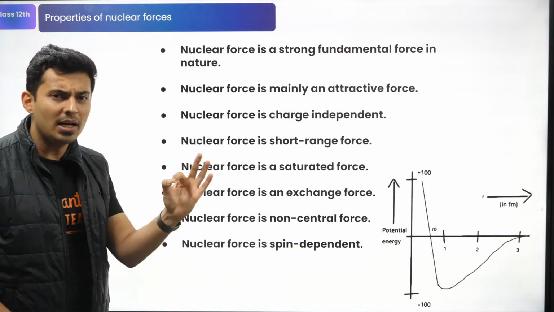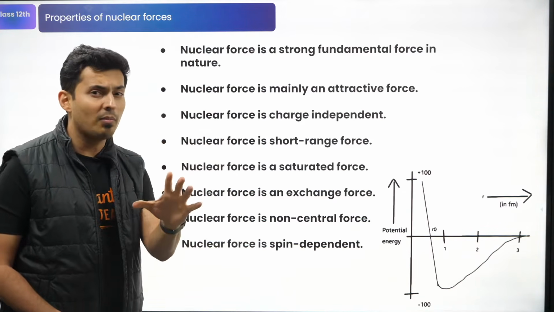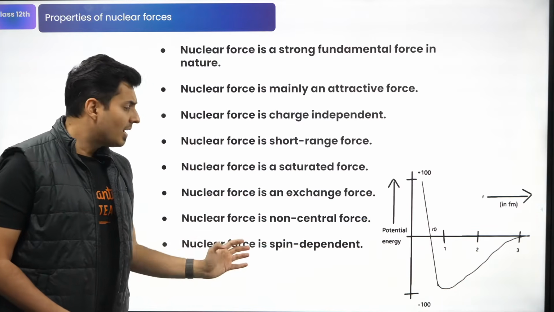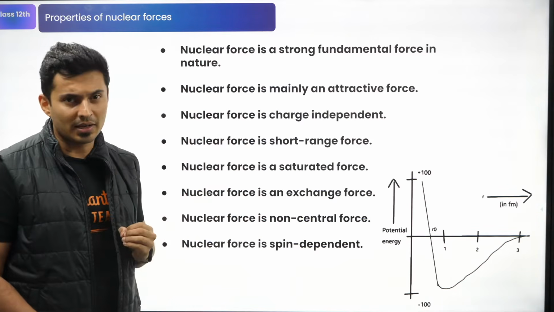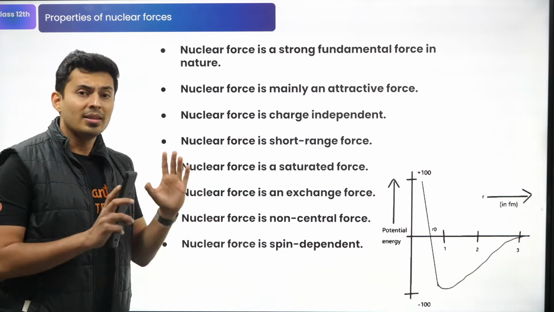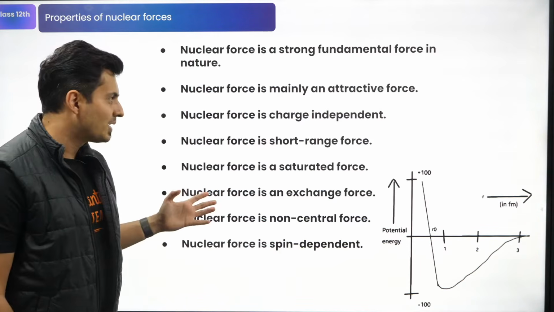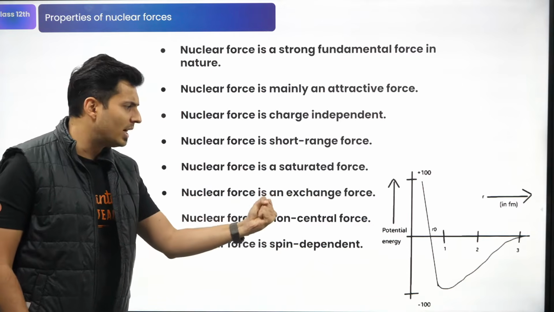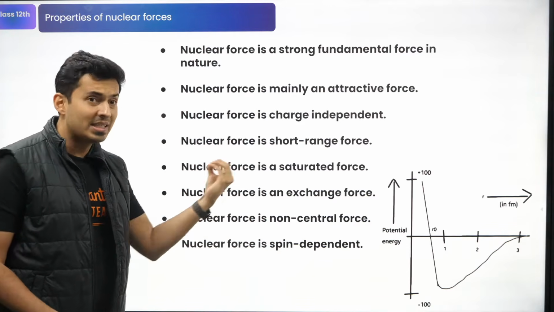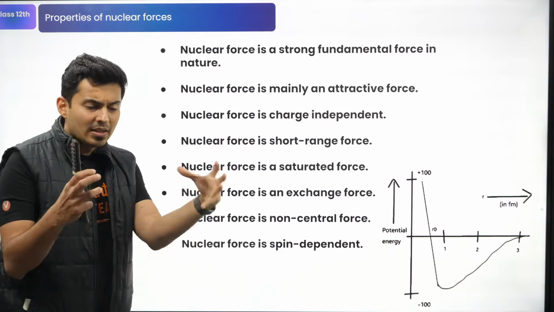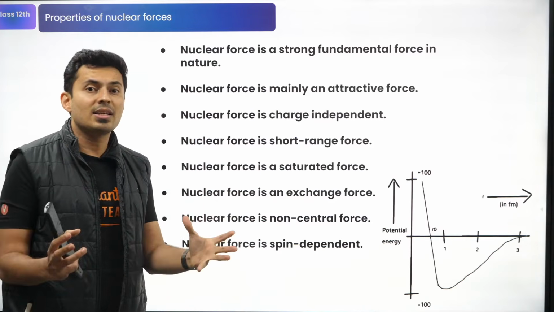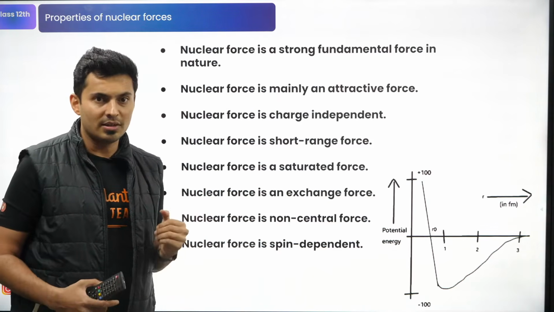These nuclear forces do not depend on masses or charges. They in fact end up depending on the spin of these particles. They do not follow the inverse square law just like the other fundamental forces of nature. They are also saturated forces, and they are exchange forces, meaning they act for a short distance and suddenly vanish after a certain distance.